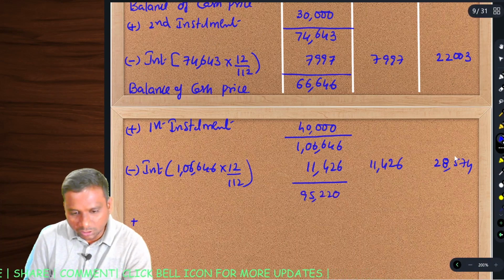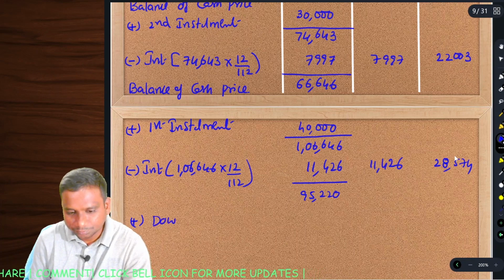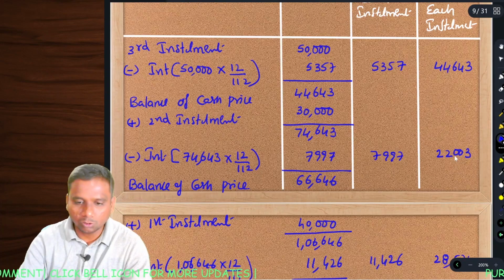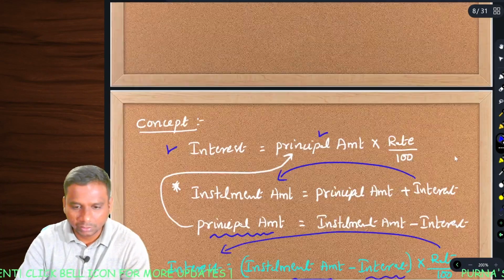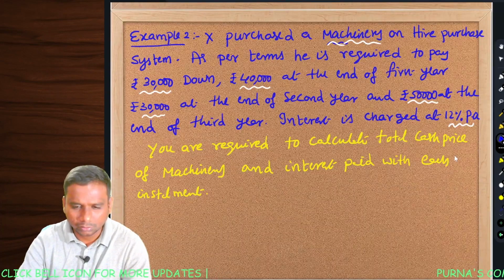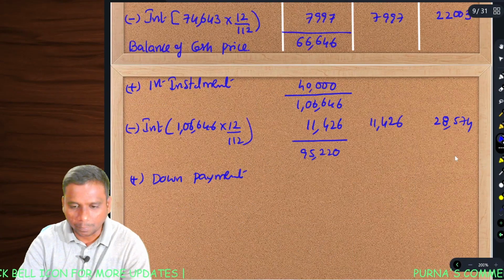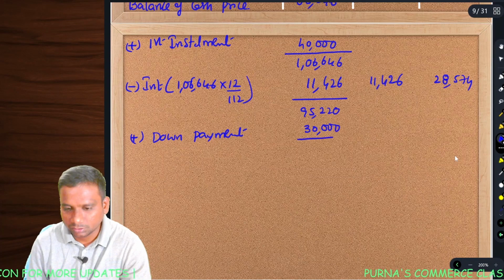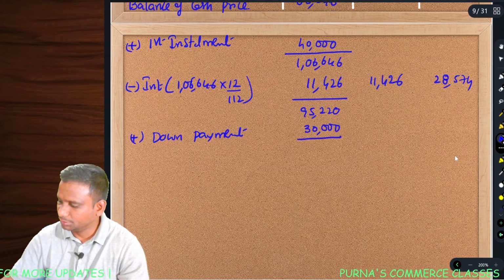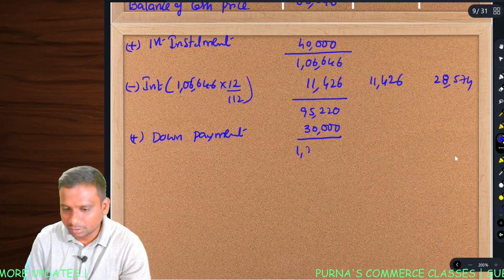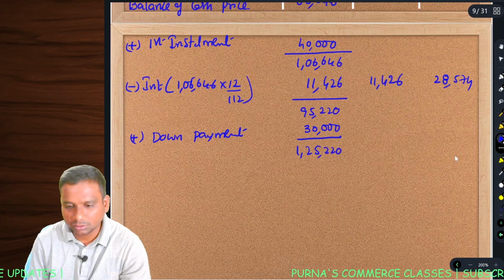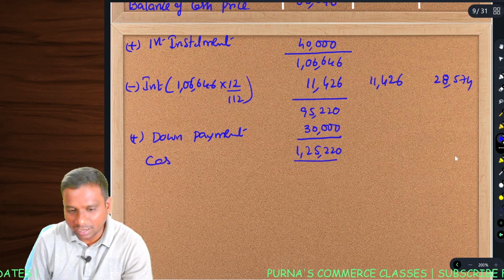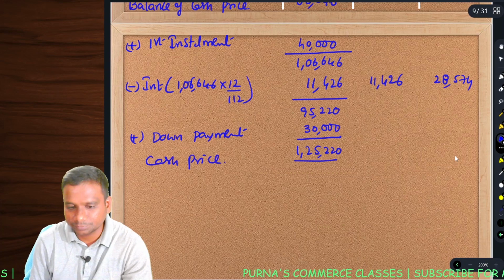So 95,220. To this add the down payment. How much down payment did we pay? 30,000 rupees. Add 30,000. Now tell me, plus 30,000: 1,25,220 is the cash price.